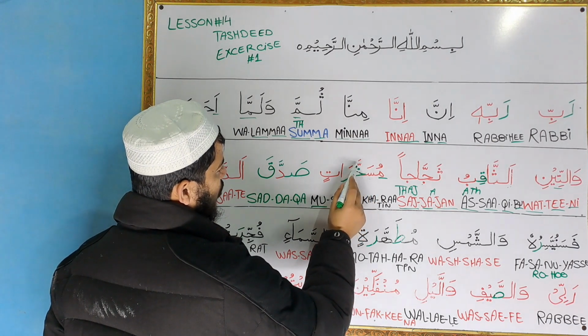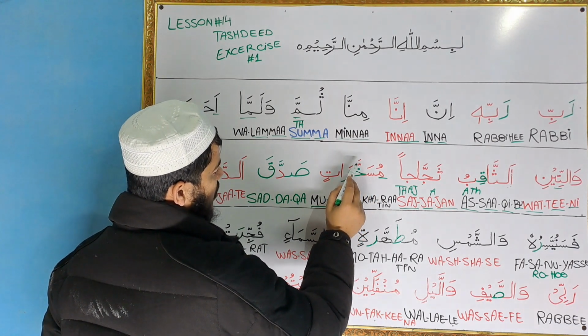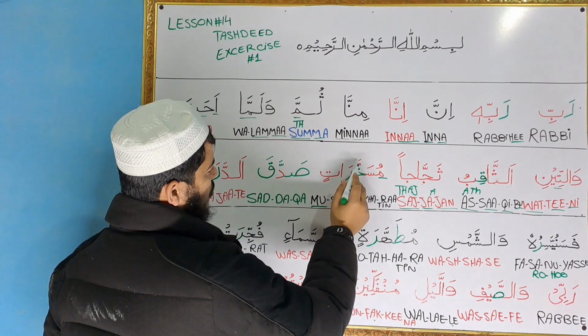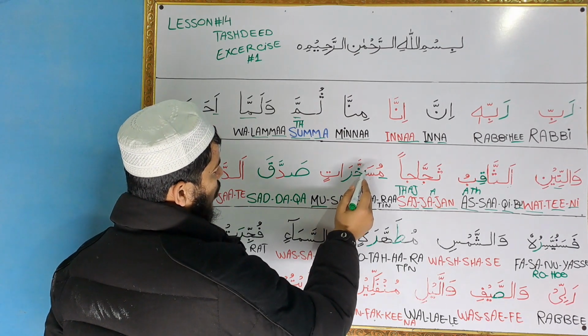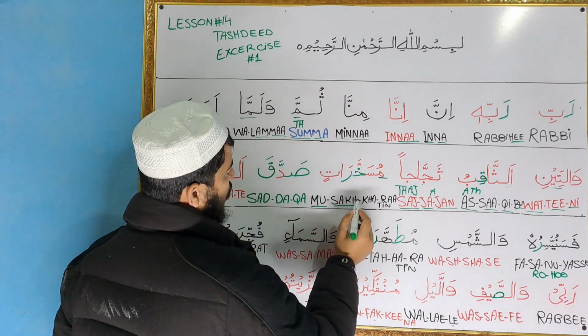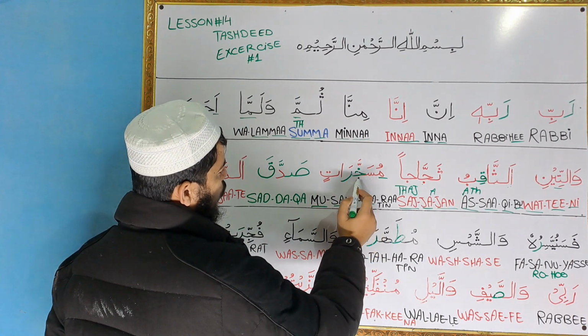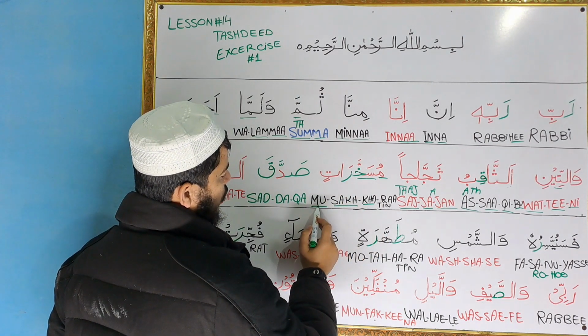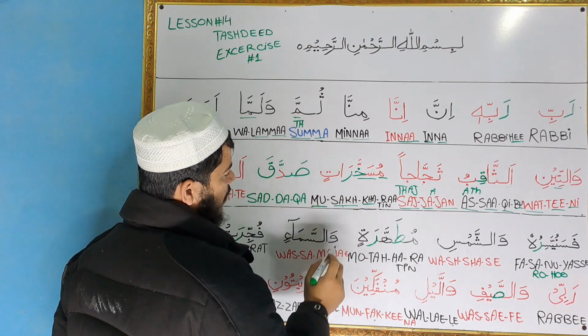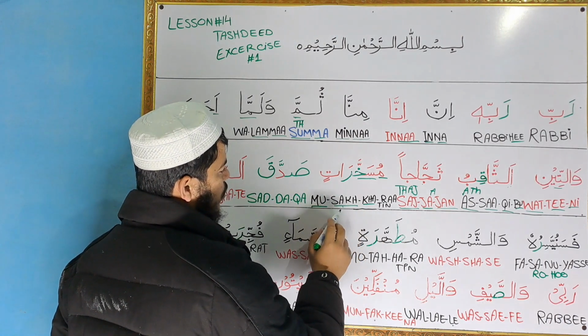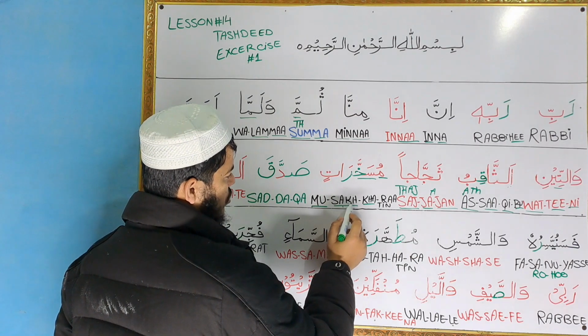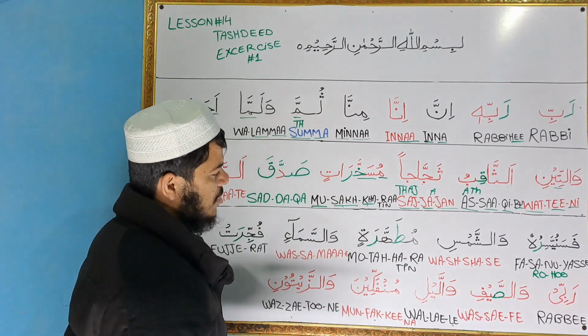Seen will be mixed up with kha because it's having shadda sign. Seen kha fatha, sakh, kha fatha kha, musakh-kha, musakkha. So whenever shadda comes, we mix up the sound. So these two sounds will be mixed up together.